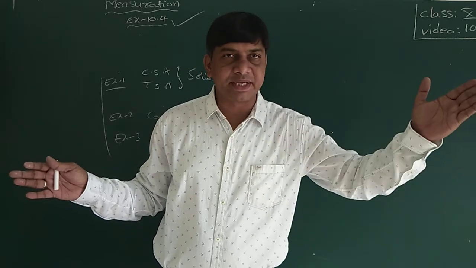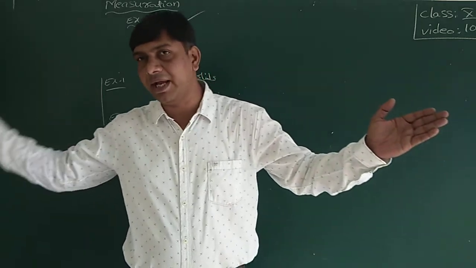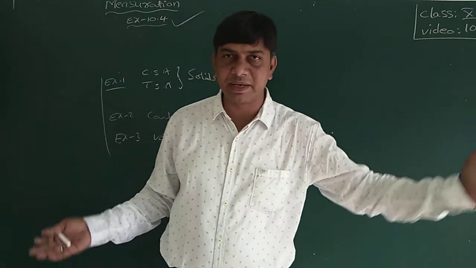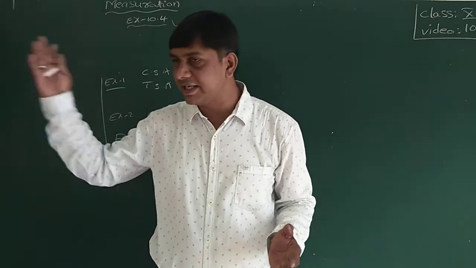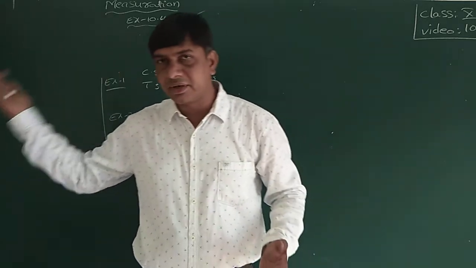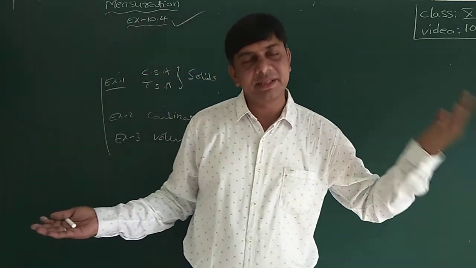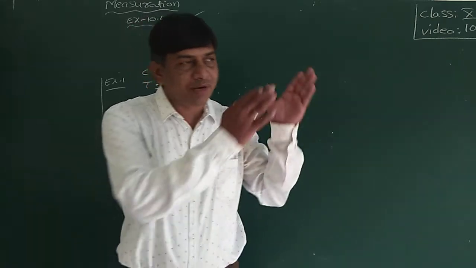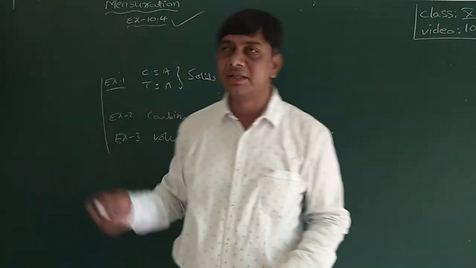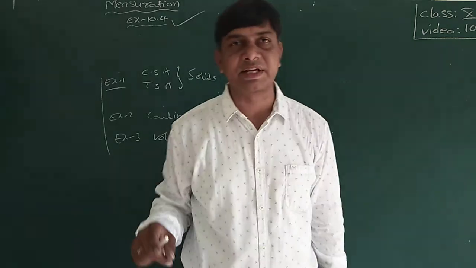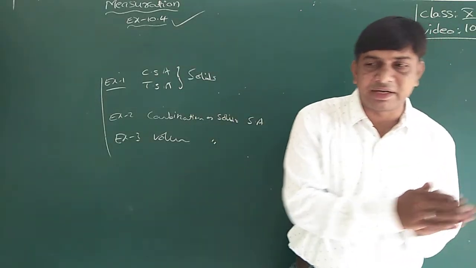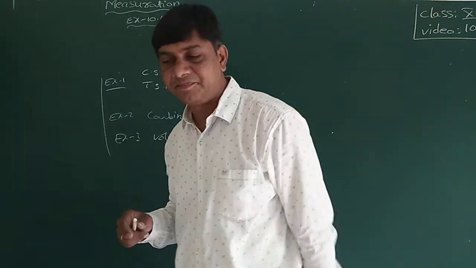Suppose there is a cube: you are going to make a sphere, or a cuboid, or a cylinder. Or a cylinder you are going to make into a cone or a cuboid. In this way, we learn conversion of one solid into another solid form.